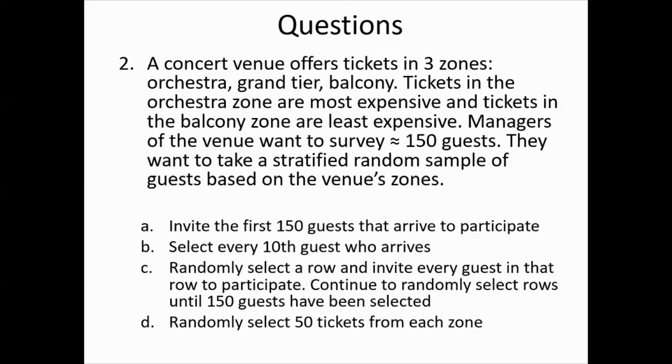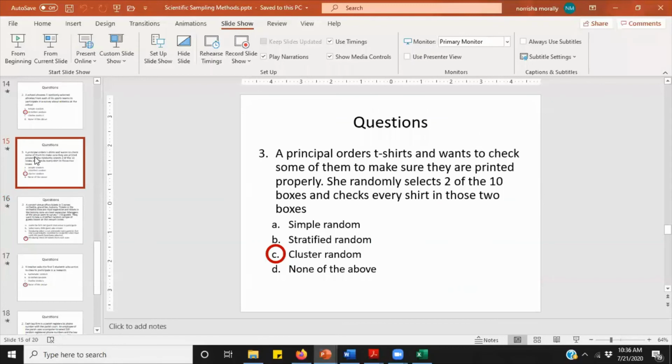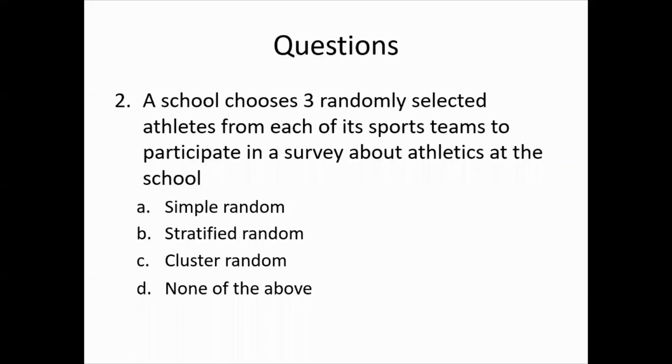Let's go back to the question that had the stratified. Go back a bit for me, please. Let's compare with another example. Go back, please. Right, there we go. So remember this one, guys?